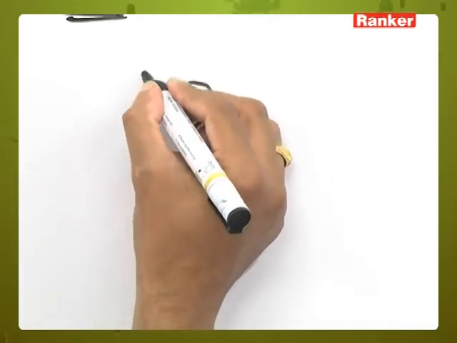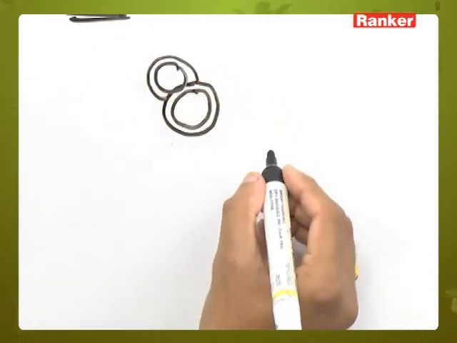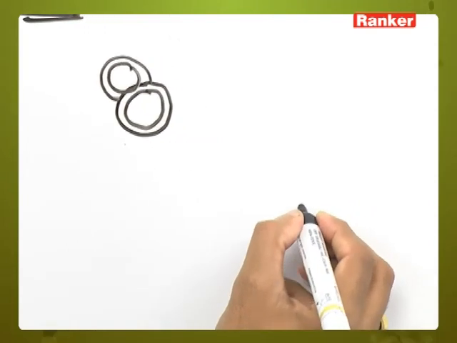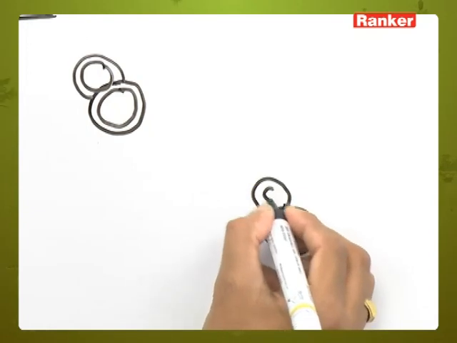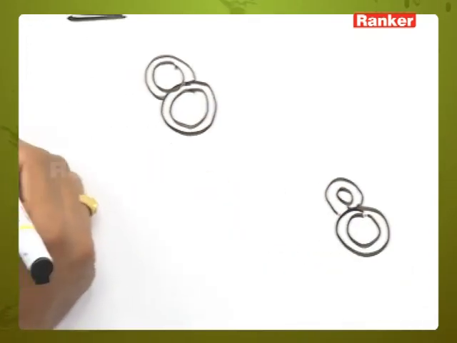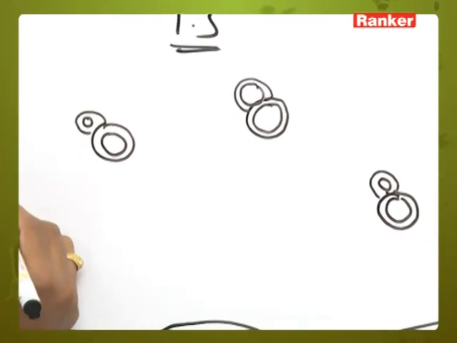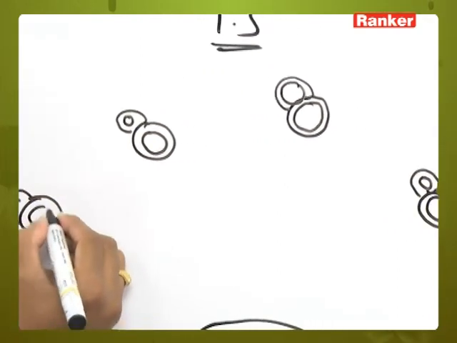Likewise, 9 peripheral structures are present here. Actually, A is smaller and B is a little bit bigger.